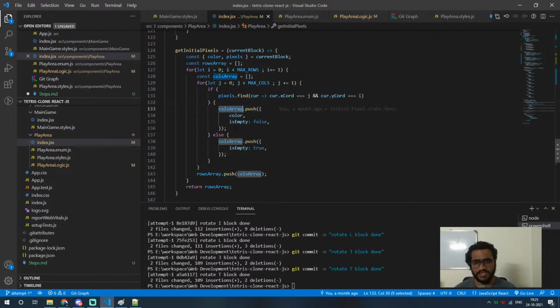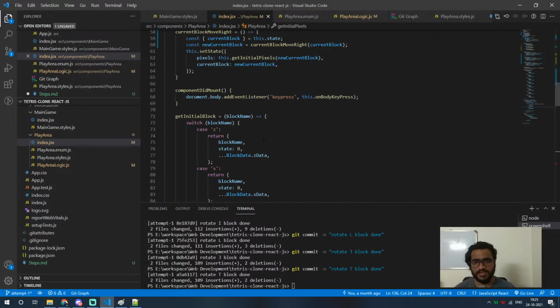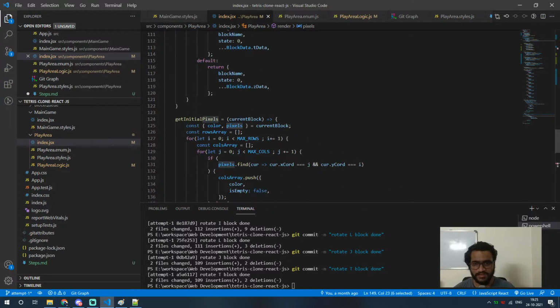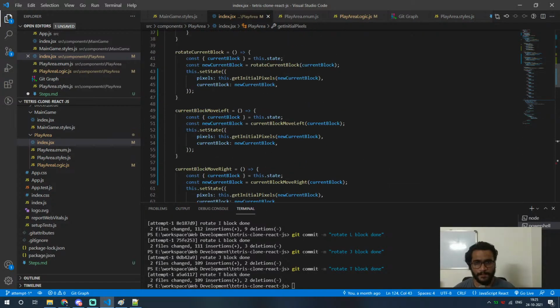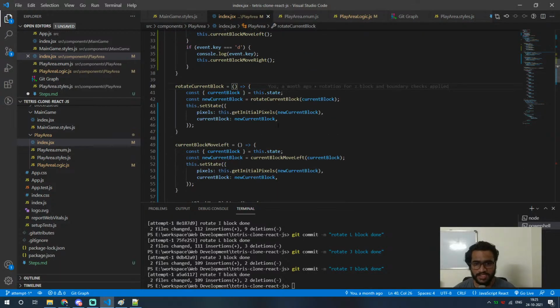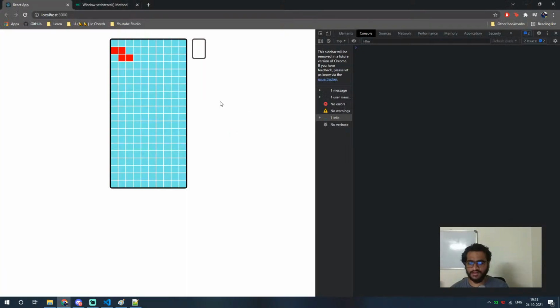We are setting the columns, the pixels' color, according to the current block, but when rotation happens, pixels again change to the new block. I don't think we need to worry about it right now, because everything is working fine.